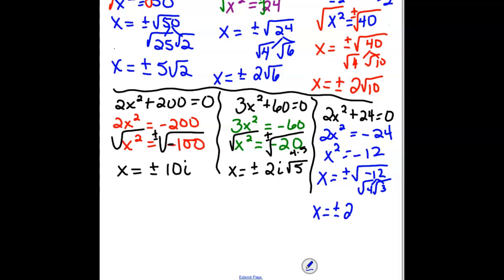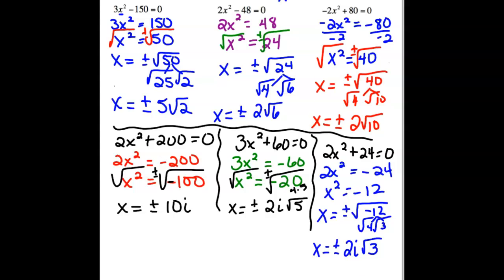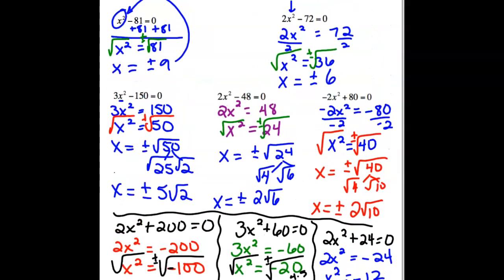Square root of 4 would be 2. The negative is going to come out as our imaginary number there. And we have a root 3 left inside. So you should have gotten x equals plus minus 2i root 3. So the difference between those last 3 that we added is that we are getting imaginary numbers because what we were trying to square root was negative.